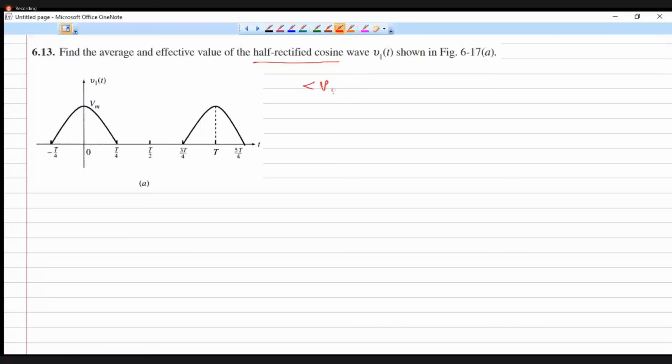What is the average value of a half rectified cosine wave? Average value of a sinusoidal wave is equal to 0, right? Full wave. So half rectified, I told you, is equal to Vm by pi, and the effective value is equal to Vm by 2 for half rectification.